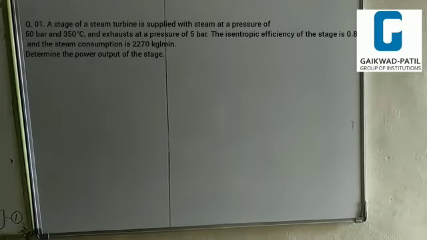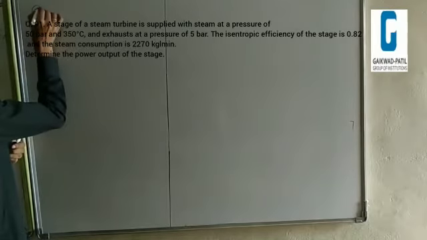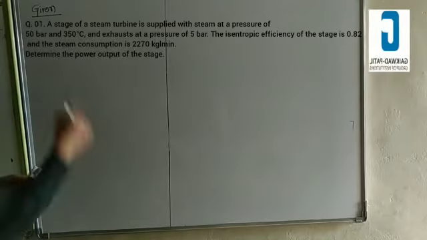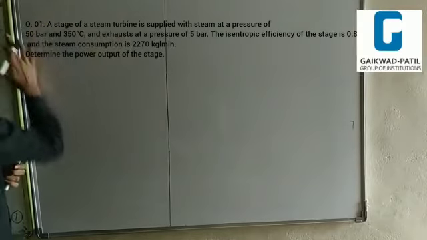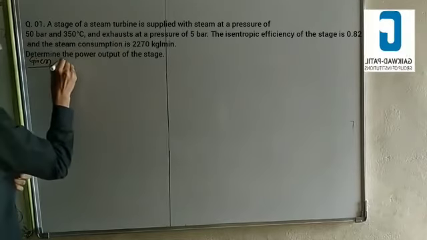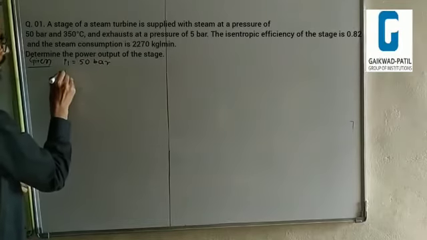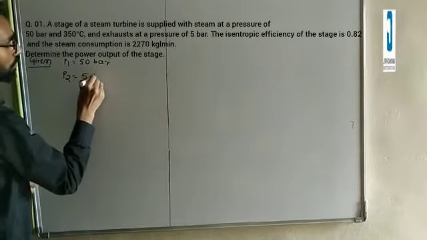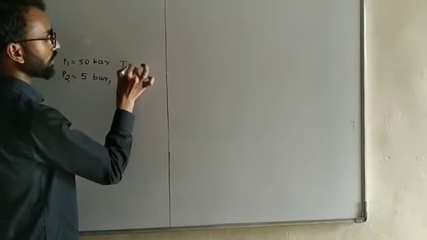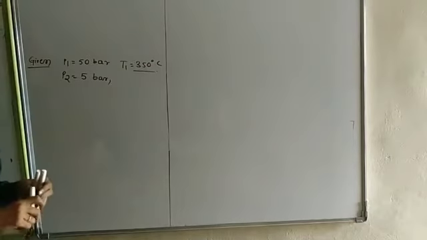Now look at the given data. P1 is equal to 50 bar and P2 is equal to 5 bar, and the temperature T1 is equal to 350 degrees Celsius.